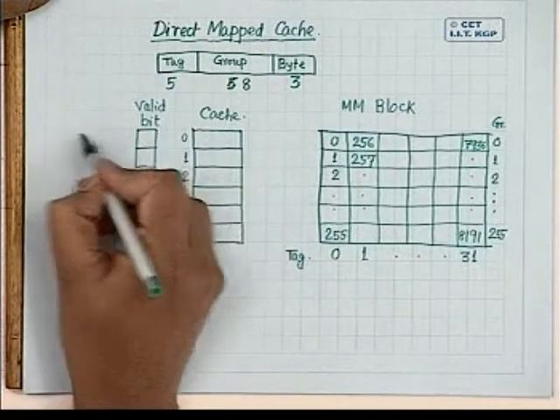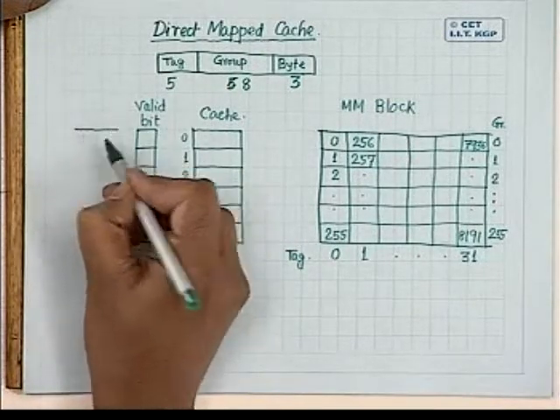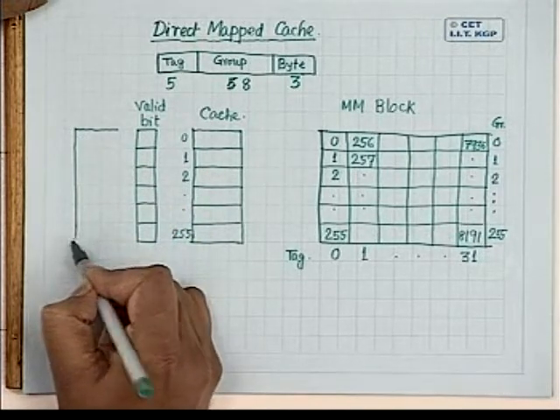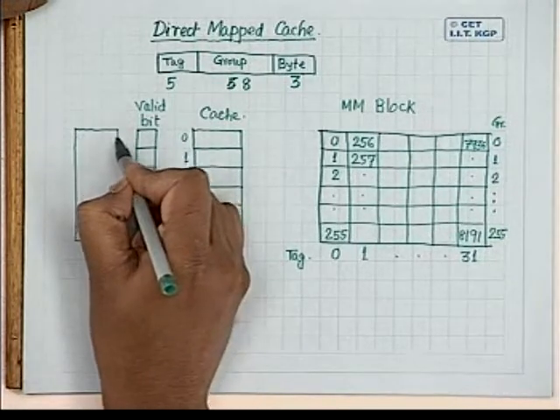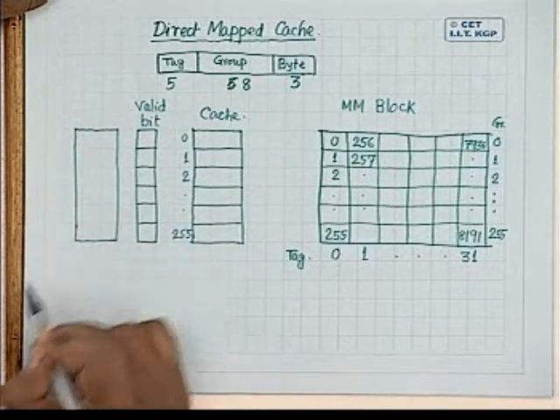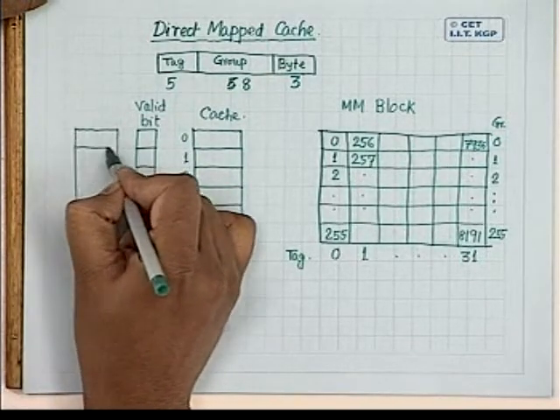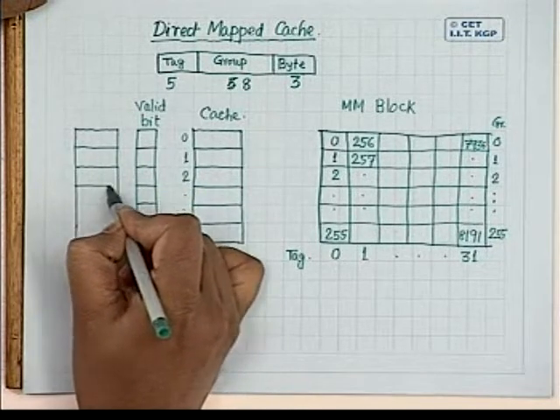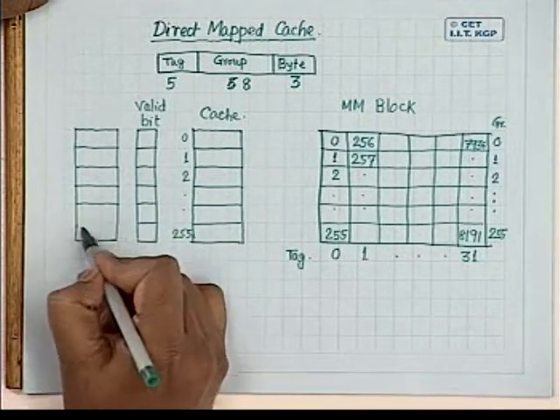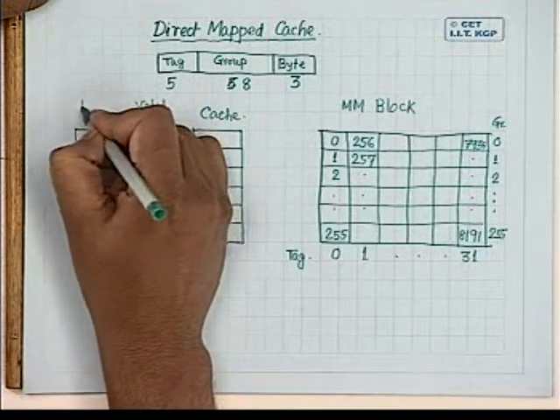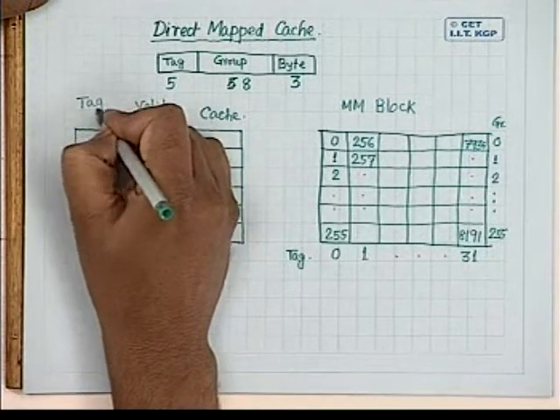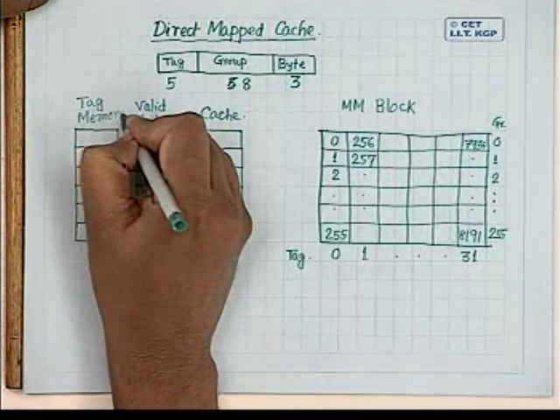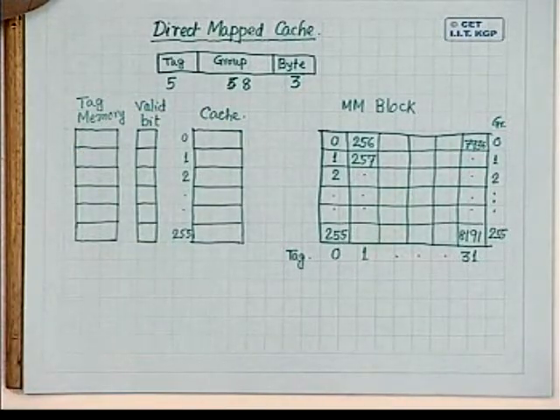Okay. And then finally, I'll have the tag memory. For every cache line, I have one tag memory. So you find that unlike in the earlier case, where every tag memory will have to have 13 bits, now every tag memory will have 5 bits. So this is tag memory. Okay.